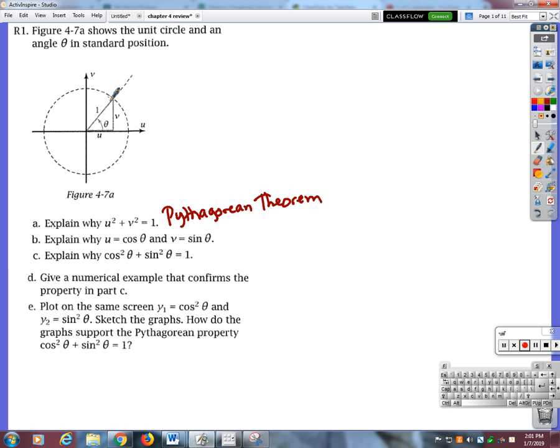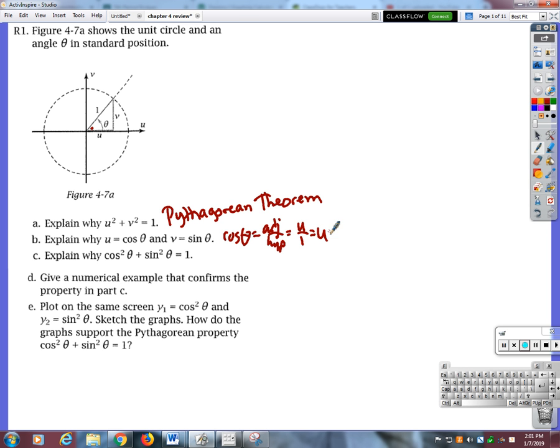And which one of these sides is adjacent? Nope, that's across from the angle. The angle is right here in this corner. U, yep. So cosine equals adjacent over hypotenuse, which in this case is u over 1, which is just plain old u.